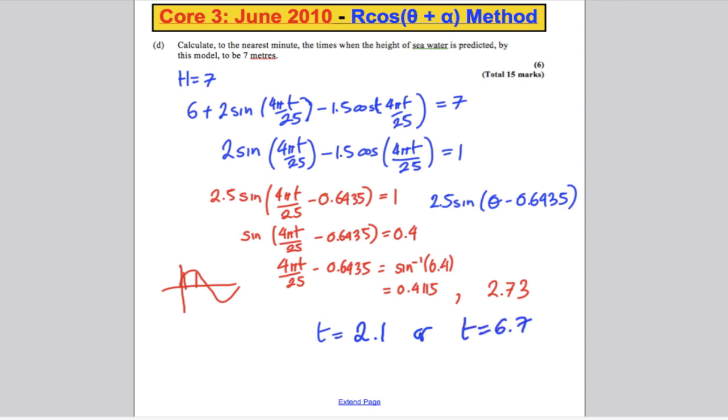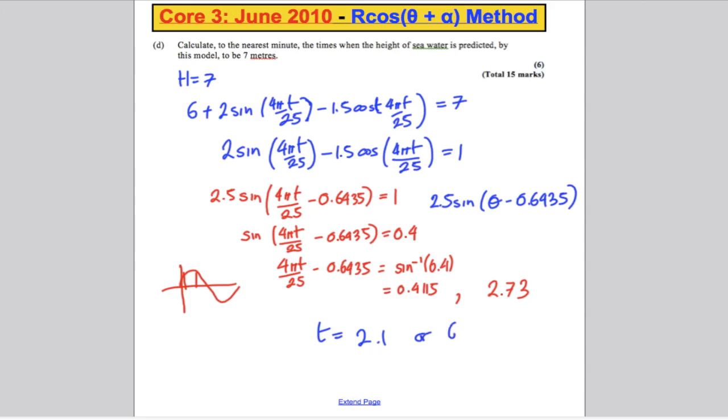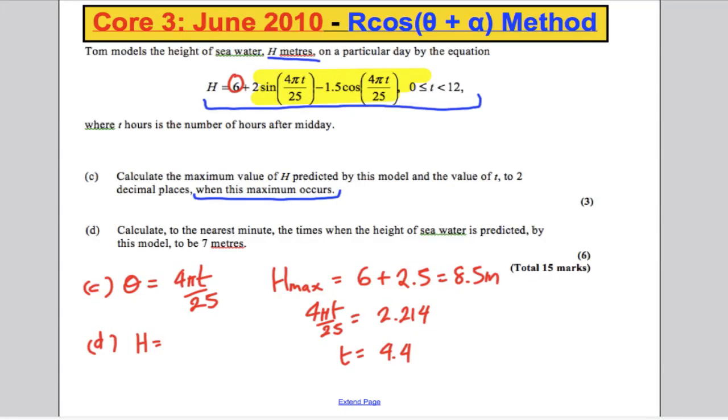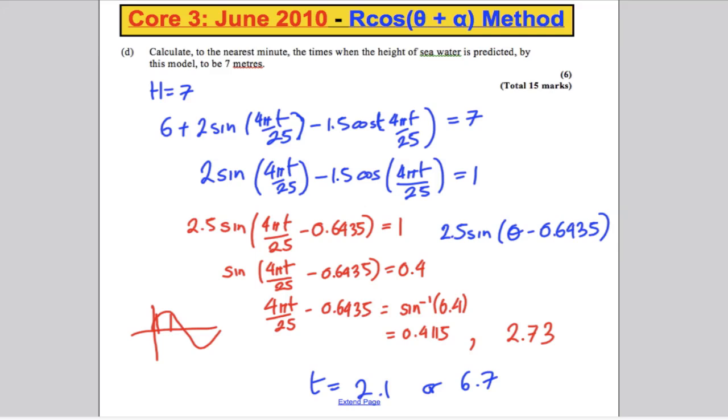So let's just go back for a moment and have a look at what it actually meant. So that was 2.1 or 6.7. So going back to the question, t is the number of hours after midday, and it asks you to work out the times.